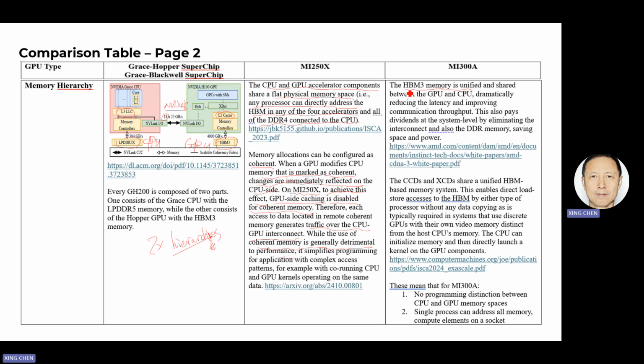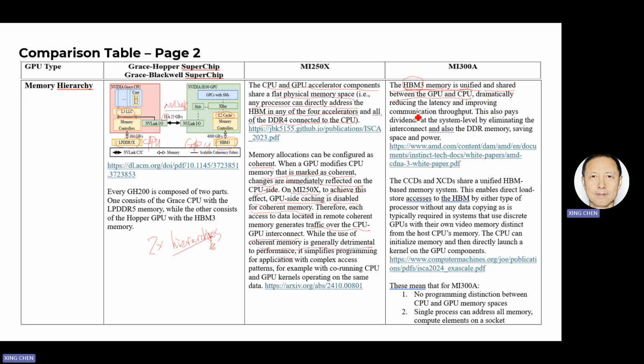Now, you have only one kind of memory, which is HBM3, and it is unified and shared between the CPU and the GPU. So you don't have two memory hierarchies. You have only one set of memory, which is using the HBM, and it is shared by the CPU and the GPU.